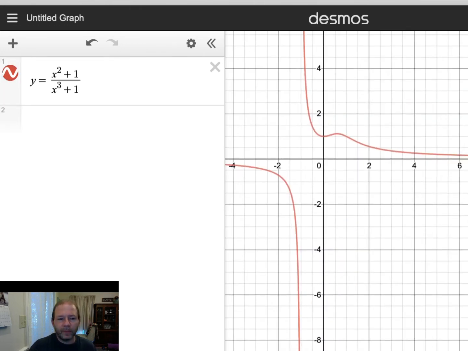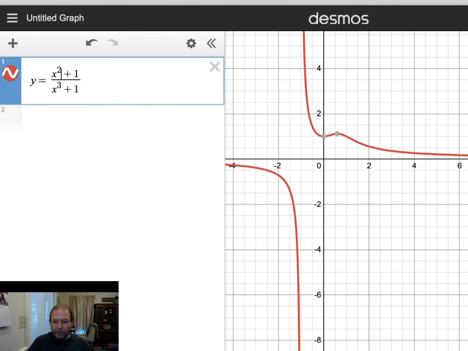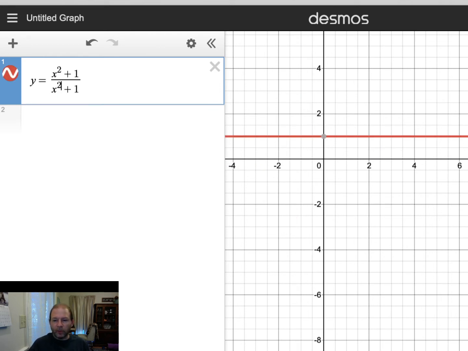So let's change this up a little bit. Suppose I change the bottom to also just be x squared plus 1. Well, we get the same thing everywhere. This is always 1.